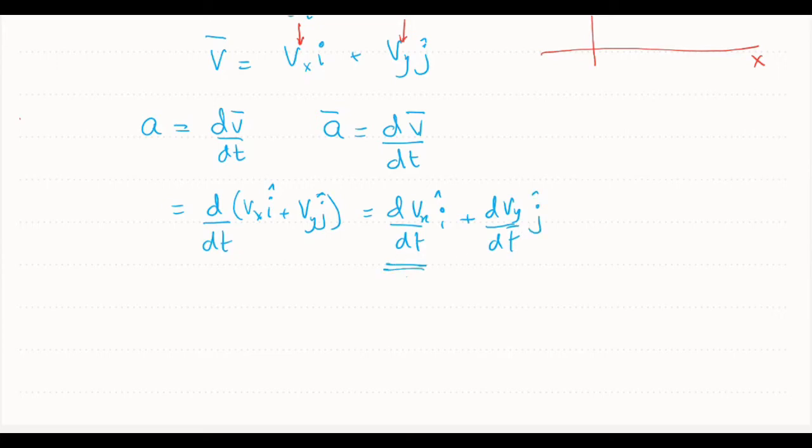The first term becomes ax and the second term becomes ay j, so that becomes the acceleration. So the acceleration has two components, the x component and the y component.